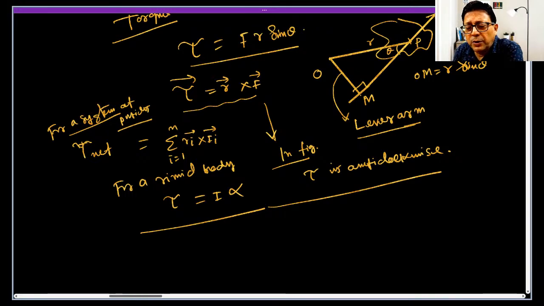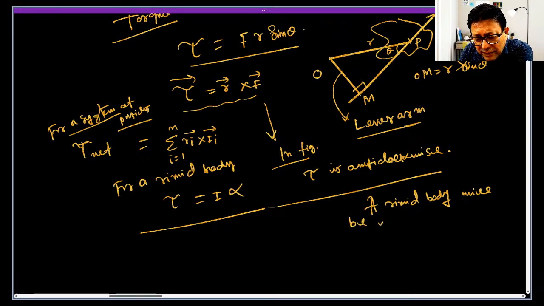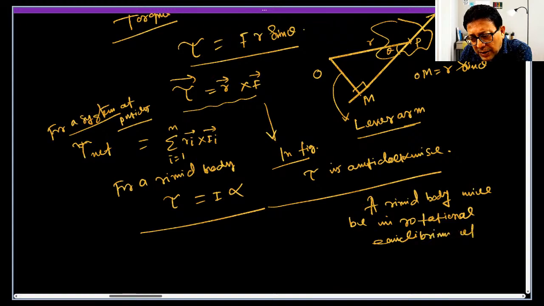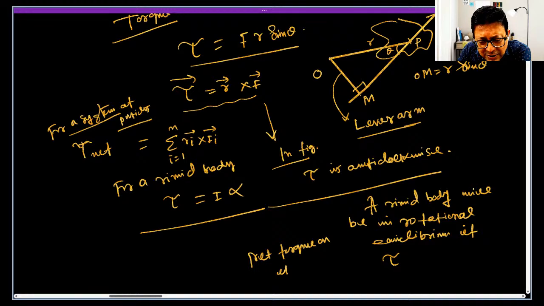And a rigid body will be in rotational equilibrium if the net torque on it is 0.